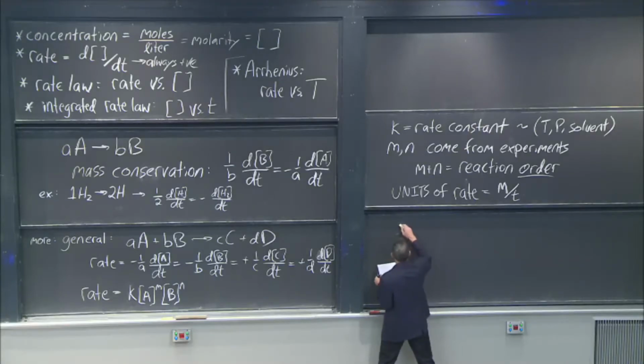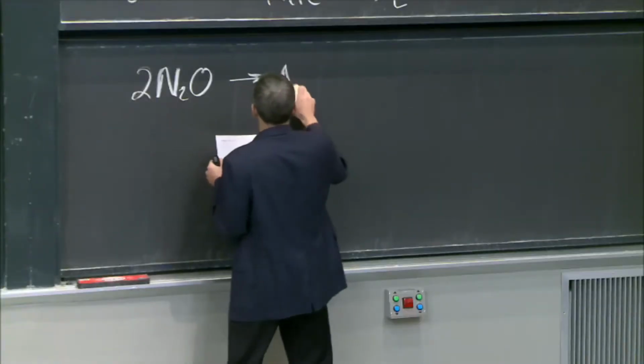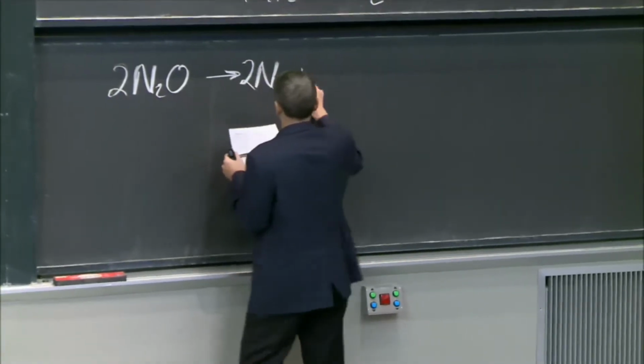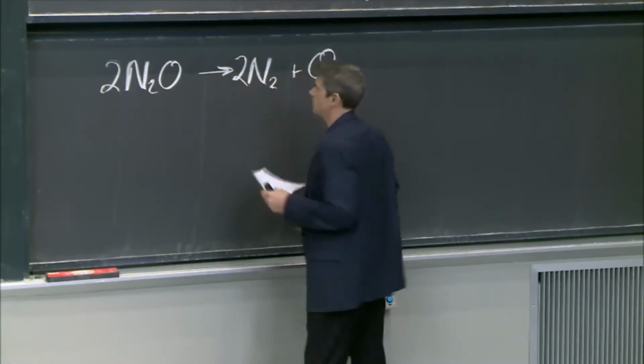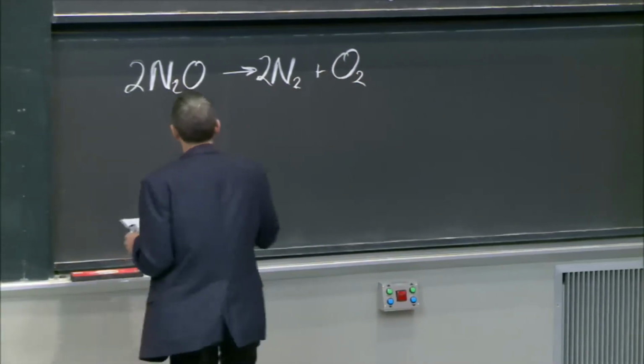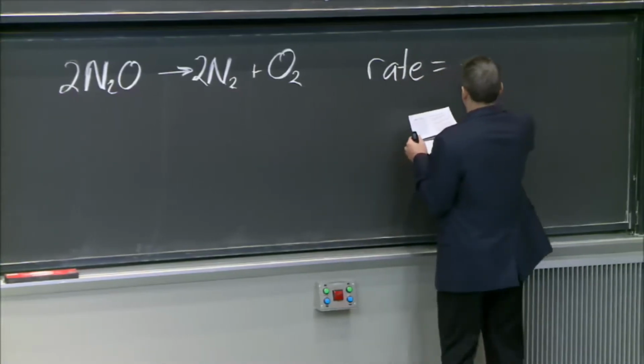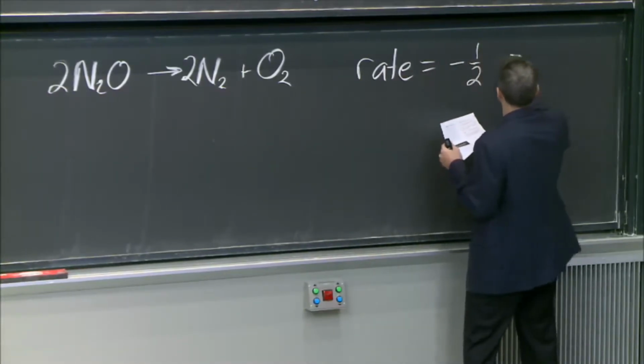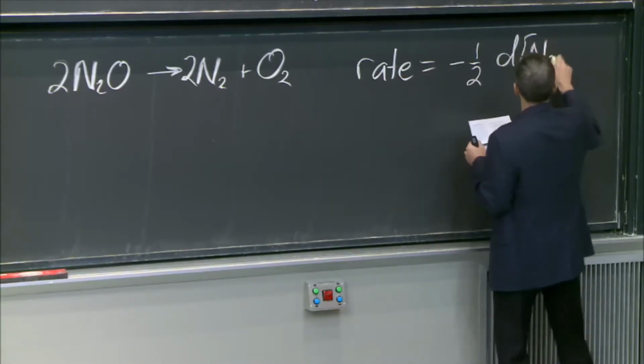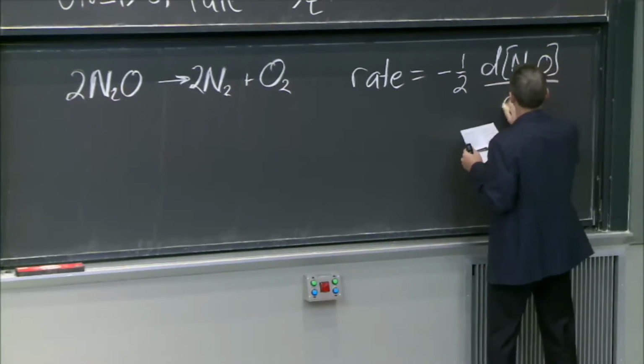I'm going to write it down here: 2N2O goes to 2N2 plus O2. Well, we know from what I wrote down that the rate is equal to -1/2 times the change in the concentration of N2O with time.